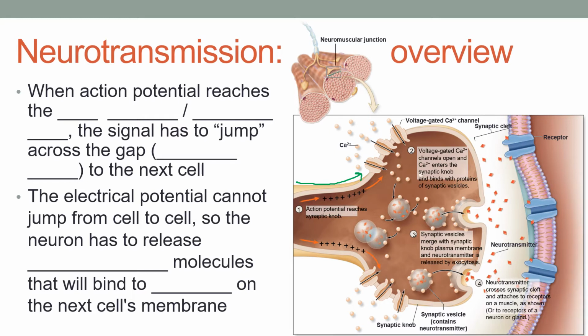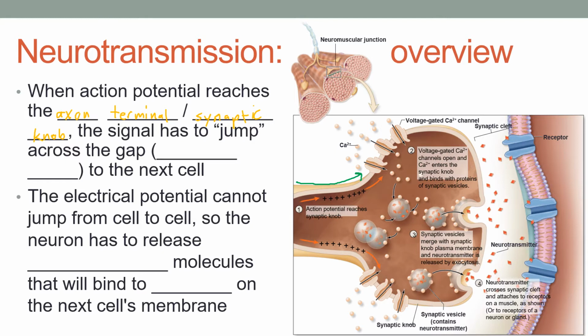When the action potential reaches the axon terminal, or synaptic knob, the signal has to jump across the gap.